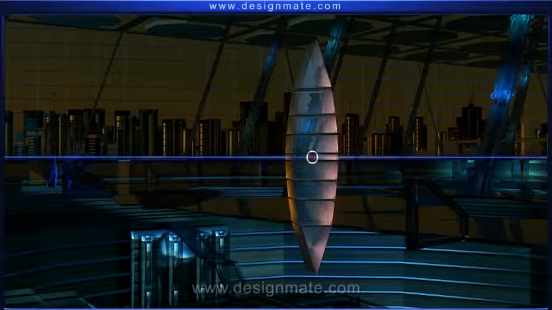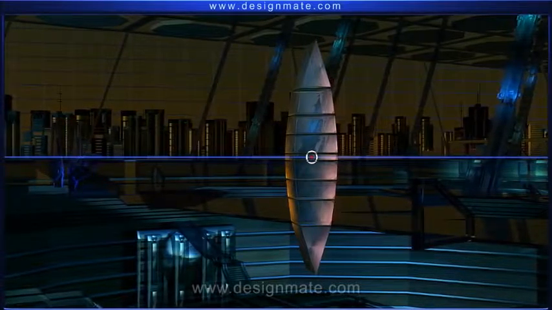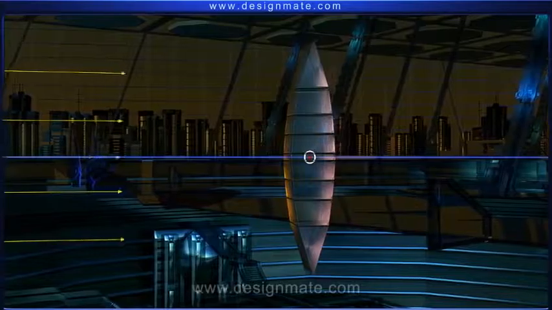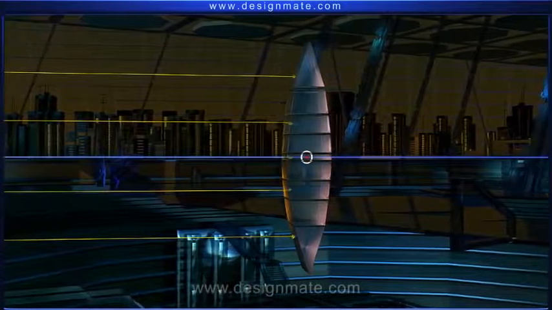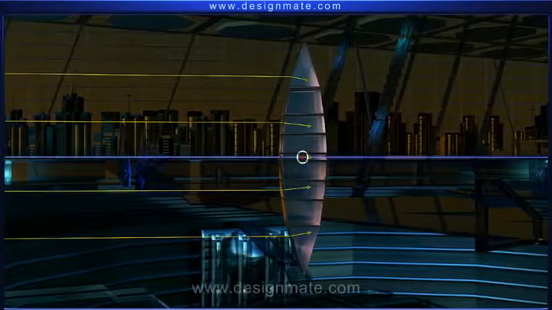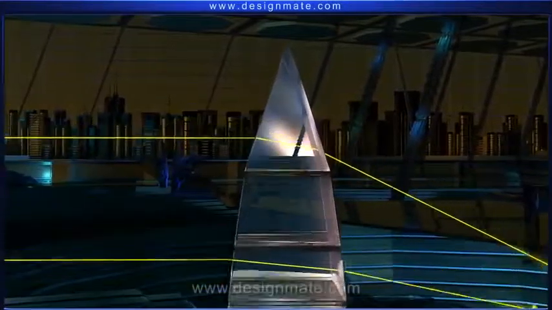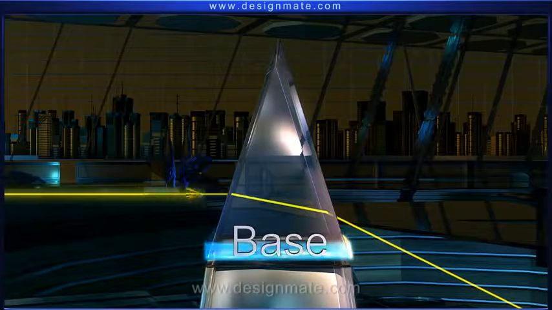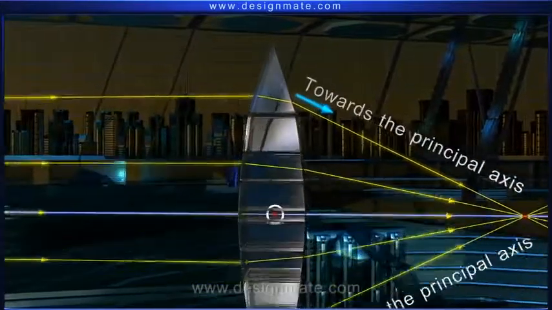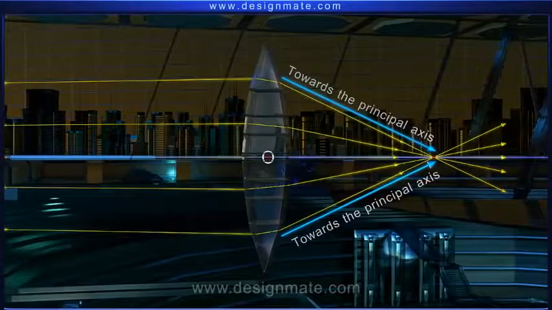Now, let us see what happens when a beam of light parallel to the principal axis strikes the lens. We can see that these rays undergo refraction as they enter the lens and leave it. First, they bend towards the base of the respective prisms and then emerge bending towards the principal axis.